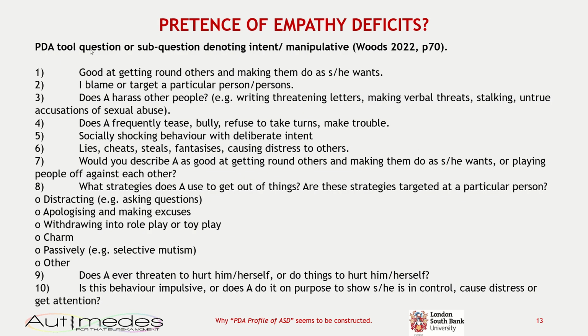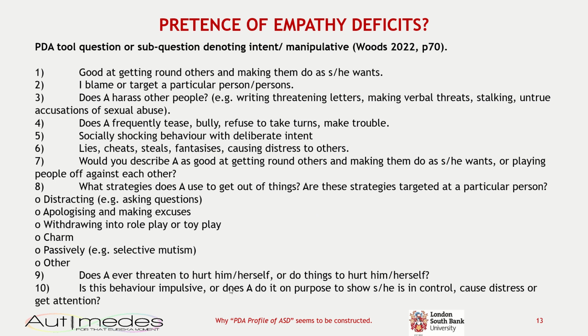And I'm going to go on to this. This is from a table published in the same essay, describing how PDA traits evolved over time. These are example items from various PDA tools that show that these behaviours are done with intent. It ranges from being good at getting around others and making them do as he or she wants, to blaming or targeting a particular person, to lying, cheating, stealing, causing them distress, to whether they ever threaten to hurt themselves.